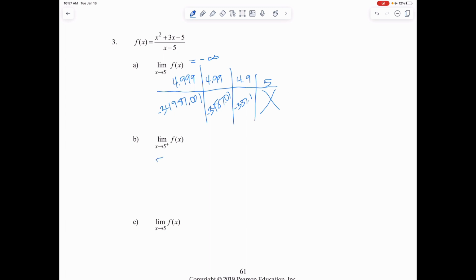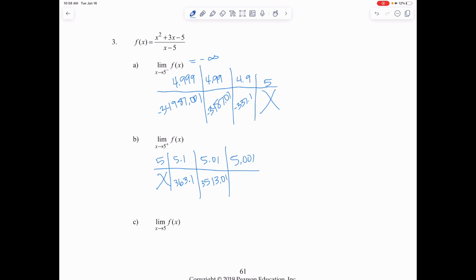Let's look at the other side. So from the right, 5.1, 5.01, 5.001. 5.1 gives us 363.1. 5.01 gives 3,513.01.